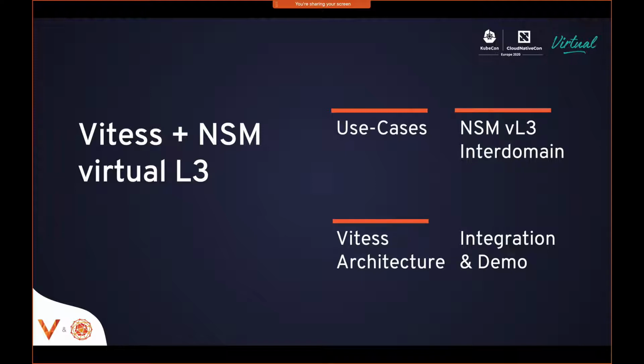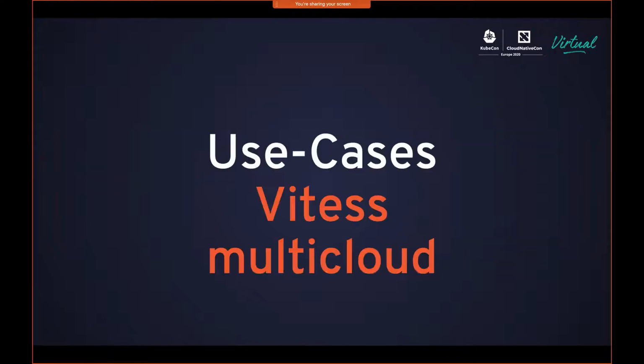And then we're going to talk about some of the details for Network Service Mesh Virtual Layer 3 interdomain and how it works and some of the benefits. And then we'll go into the integration between the Vitess deployment on a multi-cloud system with NSM interdomain. And we'll do a demonstration.